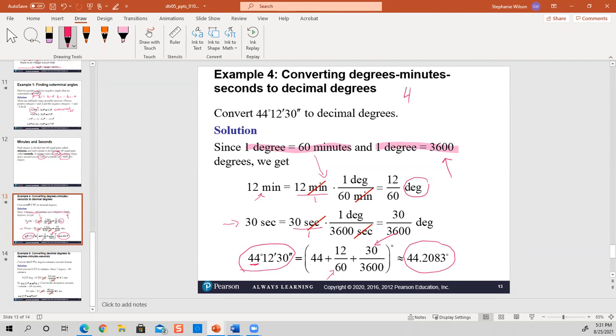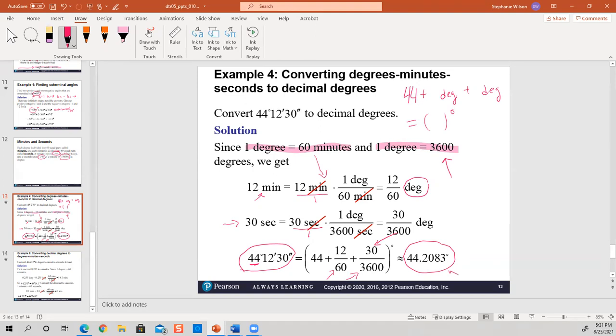So if I take that 44 degrees and add it to the degrees of my minutes after they're converted, added to the degrees of the seconds after they're converted, then it's going to equal something in degrees. Does that make sense? If we don't turn this into a decimal and leave it in fraction form, it's going to be a lot easier.